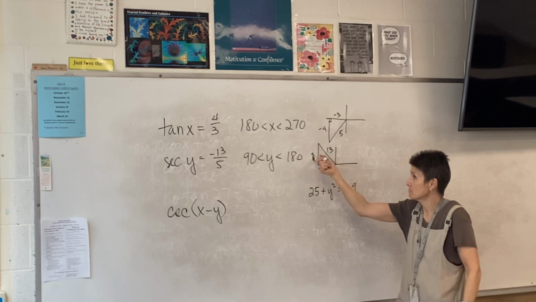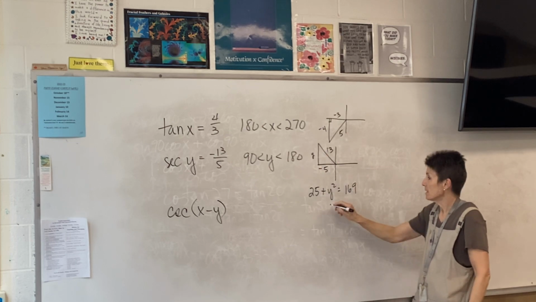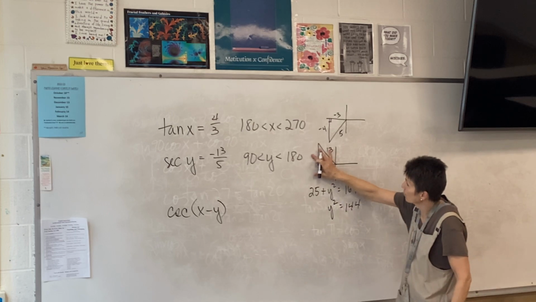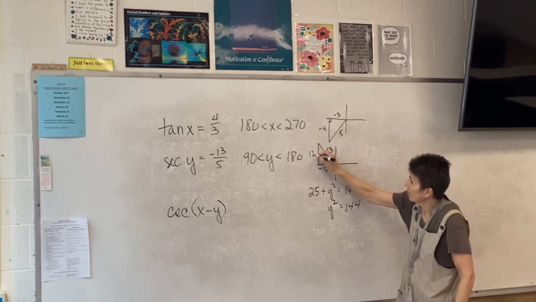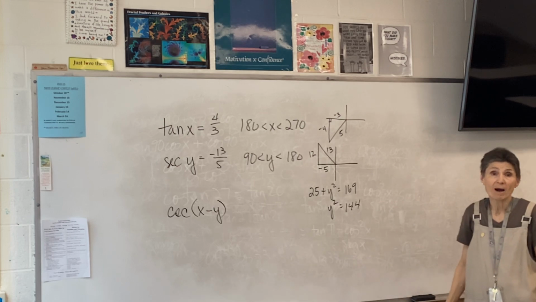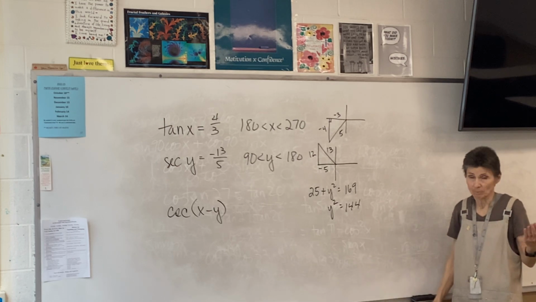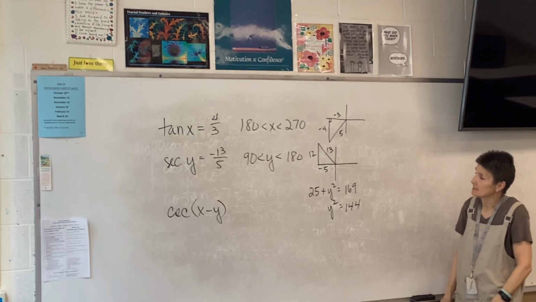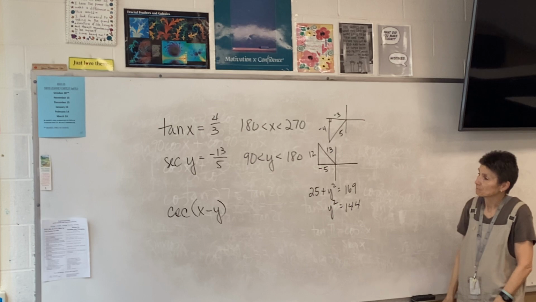A squared plus b squared is c squared. So y squared is 144, and it looks like y is going to be 12. And again, because of location, that y is going to be positive. It's definitely possible that sometimes it would be negative, but it is positive in this case.